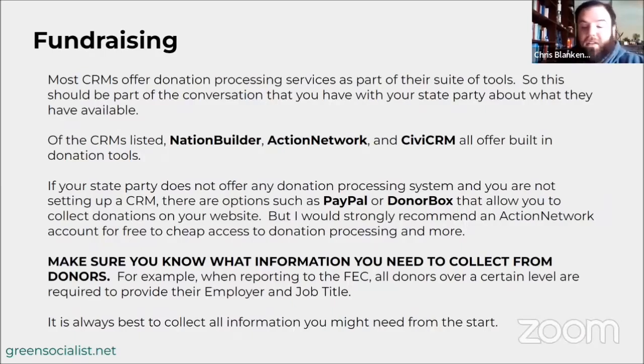And if you don't collect it in the beginning, if you say, I'm not even going to raise $200, let alone from one person, and then all of a sudden your campaign's rolling and you've got multiple people over $200, you're now going to have to go back, find those people, and find out what their employer and their job title is, right? So it's going to be a whole lot of work as opposed to just adding 2 fields to your form, to your donation form.